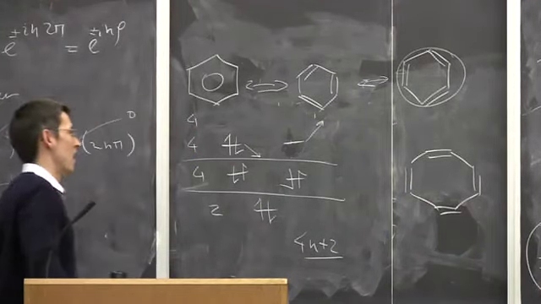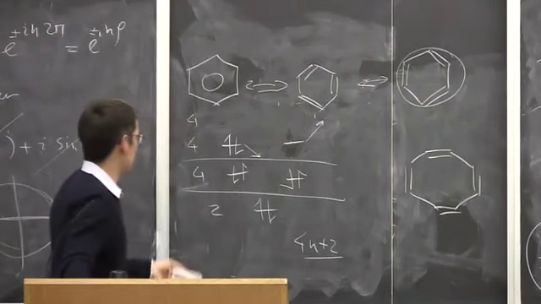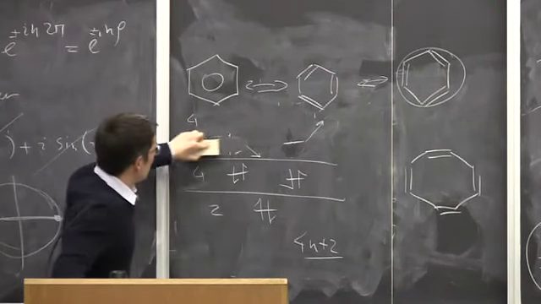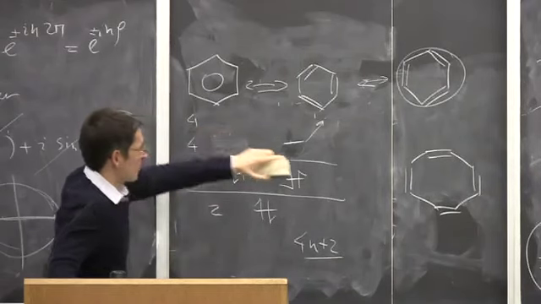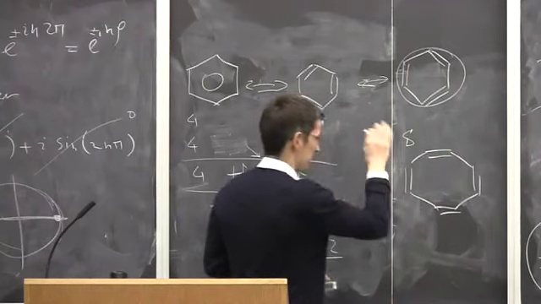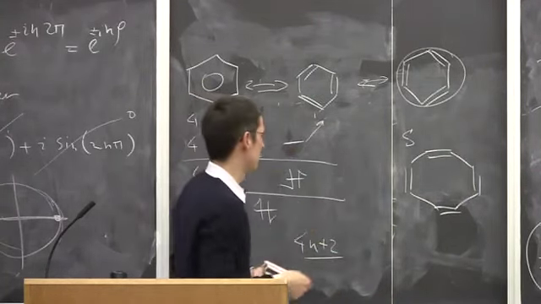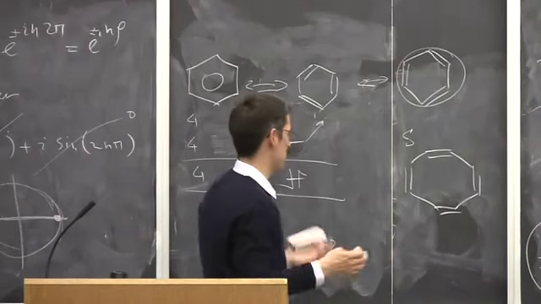Okay. Now, interestingly, there are actually some extensions of this rule. If you consider octatetraene not in a singlet state where things are paired up. Singlet means all electrons are paired, the total spin is 0.